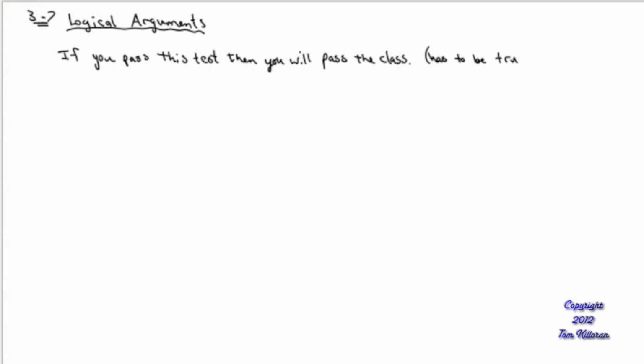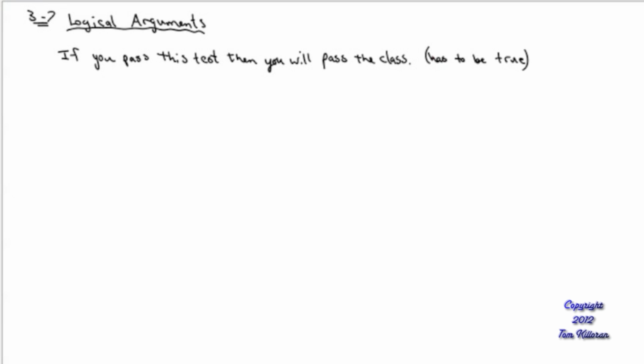In a logical argument, the sentences I give you to begin with have to be considered true. So if you pass this test, then you will pass this class. And it has to be a true statement.